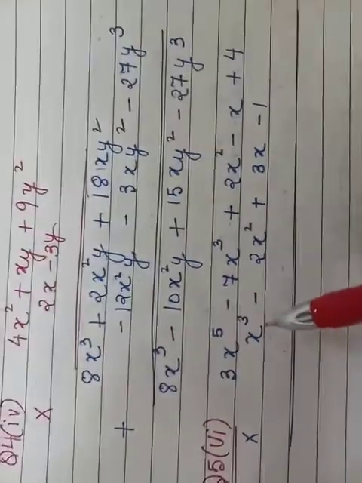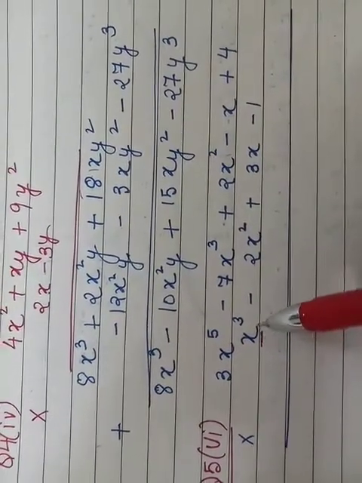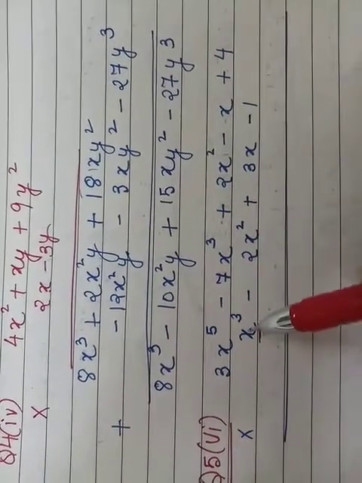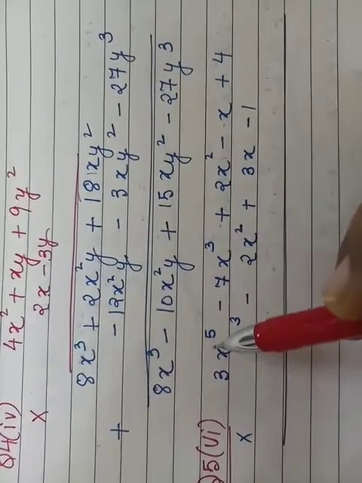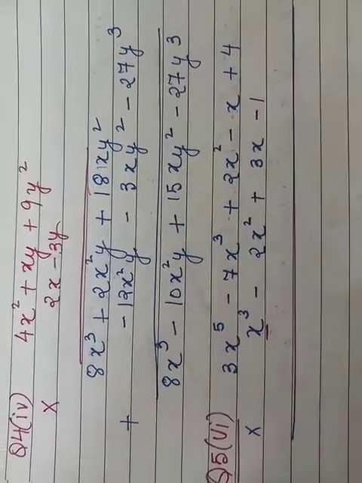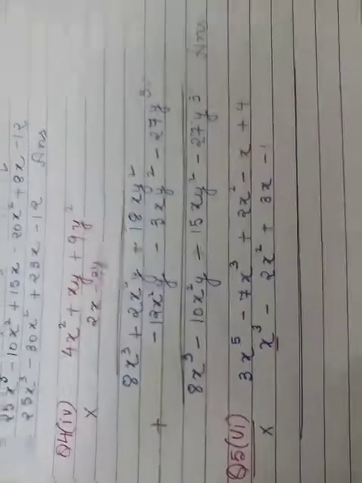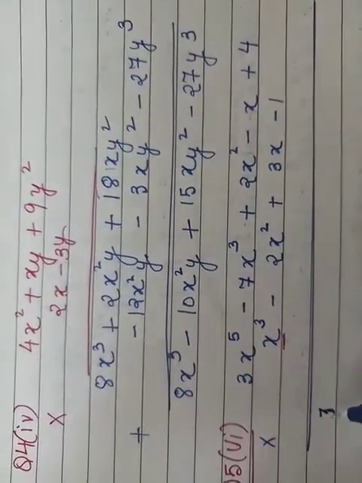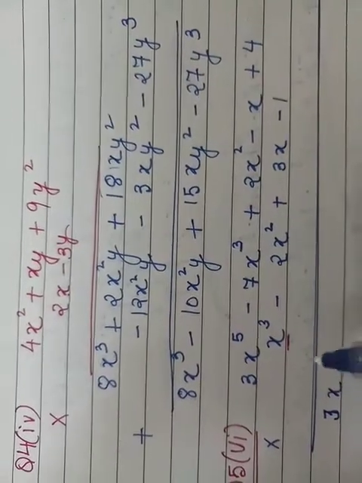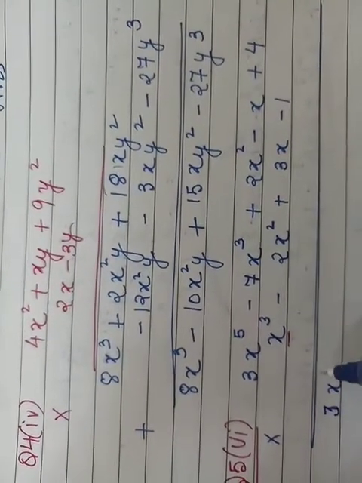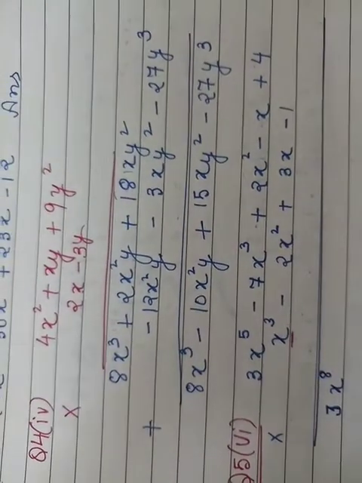Now firstly we multiply x cube with all the terms in the above expression. So x cube multiplied with 3x to the power 5. This is plus. This is also plus. So it will become plus. And 3 ones is 3. It will give you plus 3x to the power 5 here, and power is 3 here, so it becomes x to the power 8.